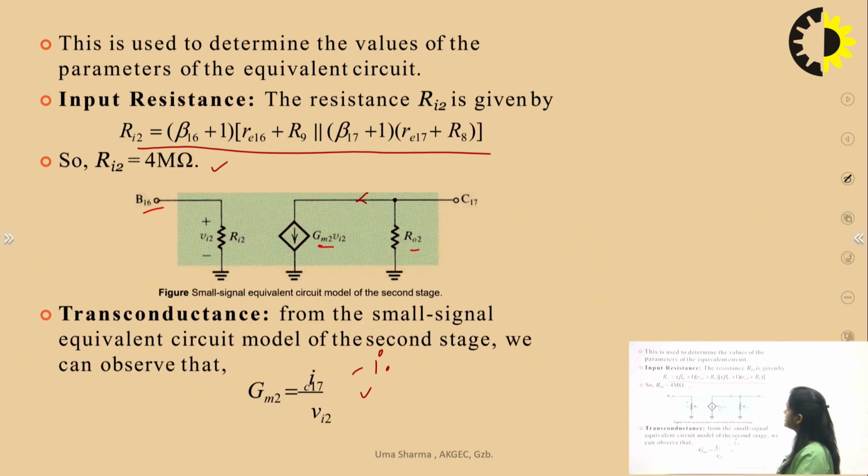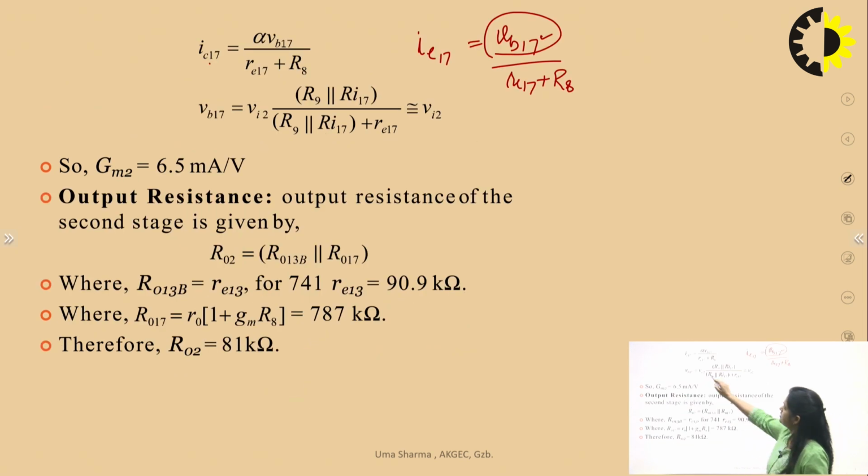So here in this equation you can see that VI2 is the voltage. This is multiplied by R9 parallel RI7, and this is divided by this component, and definitely this will be RE16, not RE17. So this is how we can calculate VB17, and here you can see that this is very small.